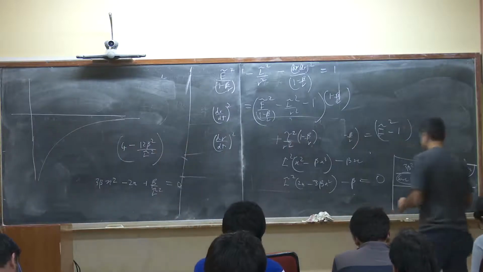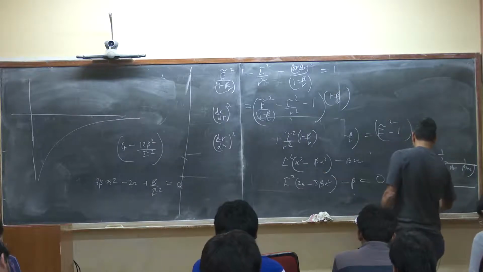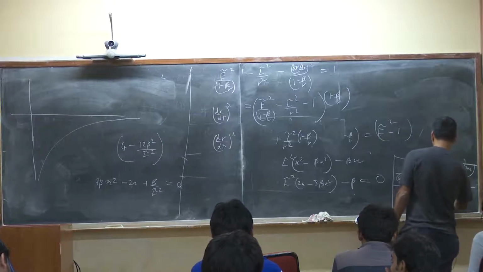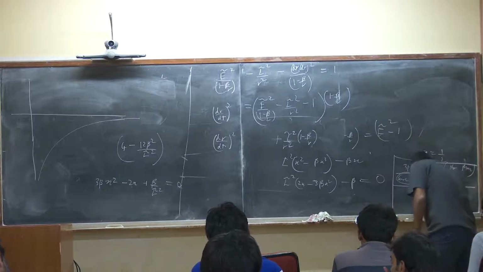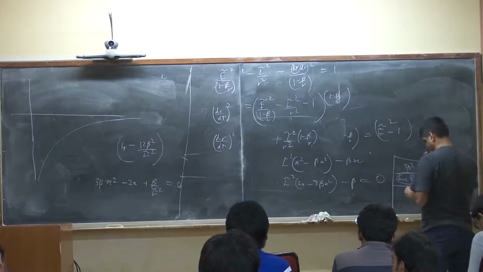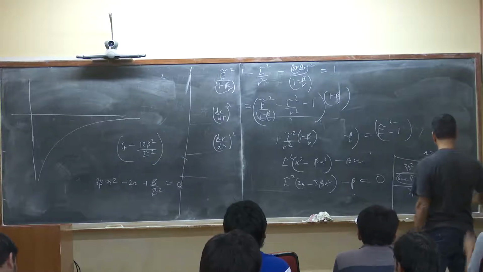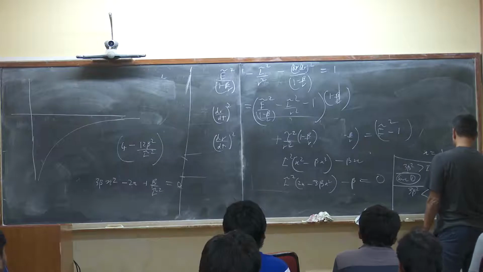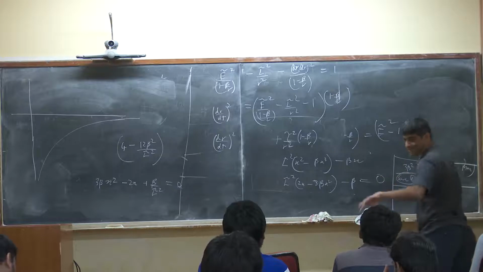On the other hand, the other case is the reverse, which is 3 beta squared is less than L tilde squared. Then there are two local extrema.